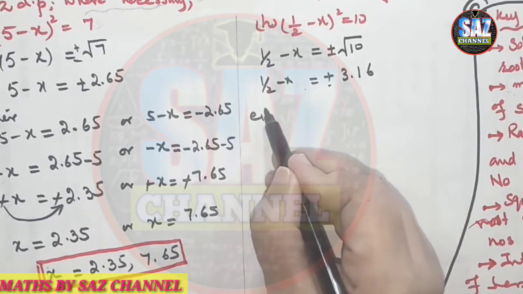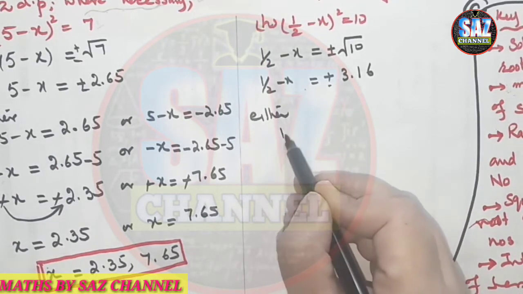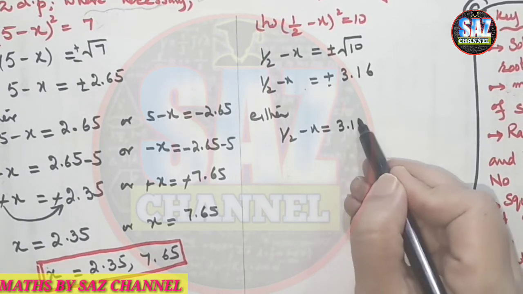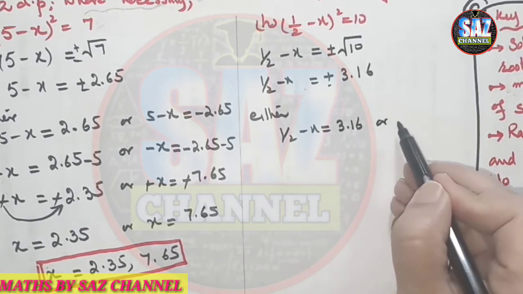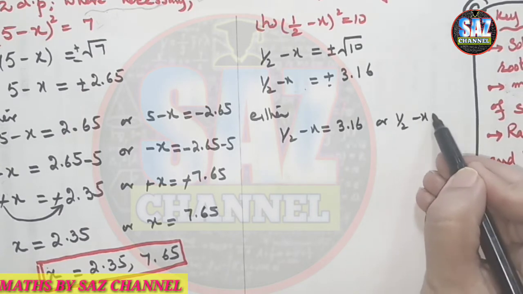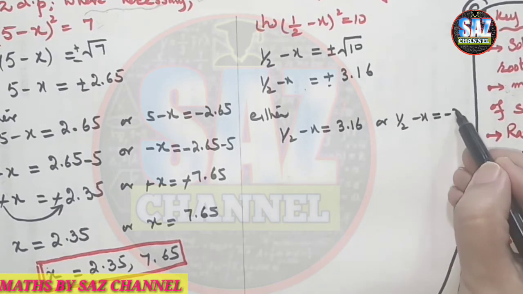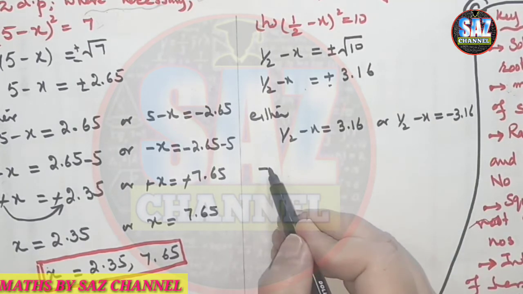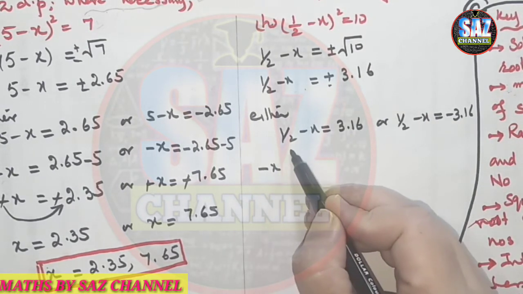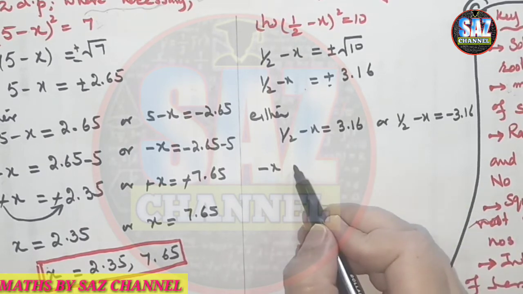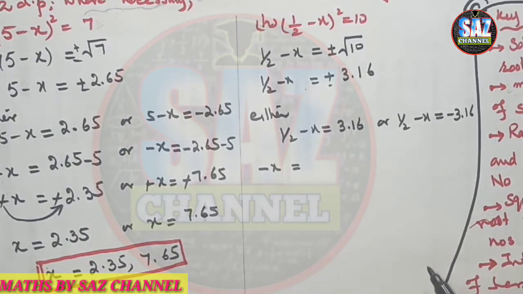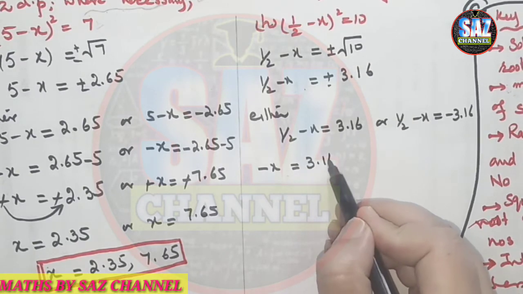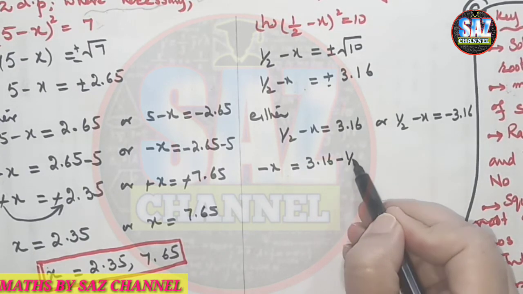Half minus x, now either half minus x equals 3.16 or half minus x equals minus 3.16. Now what I have to do is shift this half to the other side, and we know that 1 by 2 in decimal form is 0.5. 3.16 minus 1 by 2.